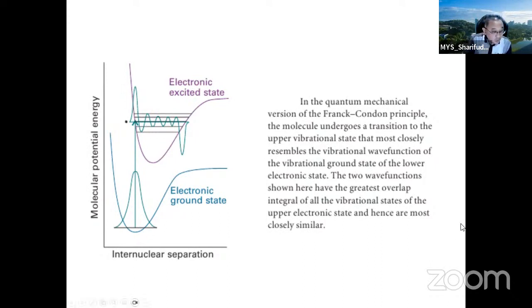It is actually the overlap between the wave functions. So the ground state wave function, in this case, overlaps highly with the wave function at V prime equal to, I don't know, 4 or 5.